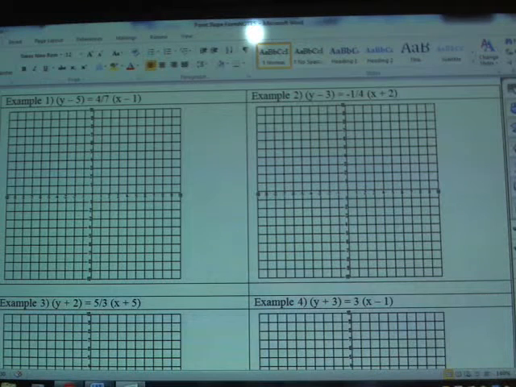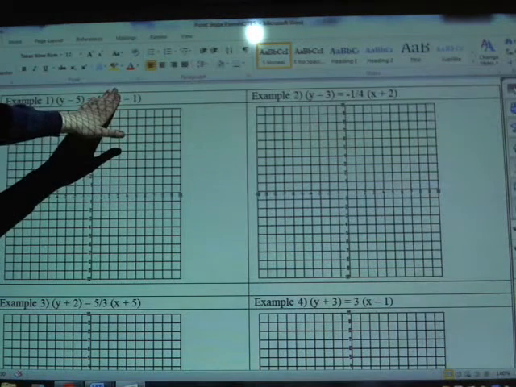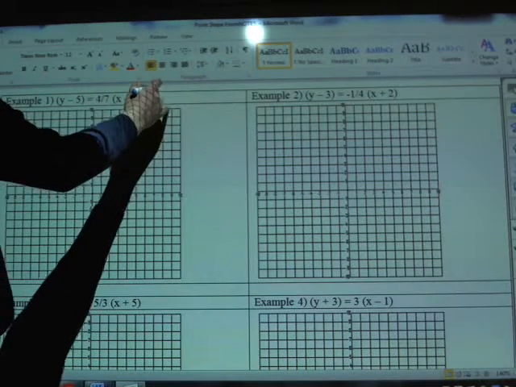It says y minus 5 equals 4/7 times x minus 1. So first thing I want to do is find the opposite of the x point and the opposite of the y point because that's the point I'm going to plot. Remember, the x point you need is with the x. So look in that x block there. All right, in this x block here, it looks like it says -1. So I'm going to plot the point 1.